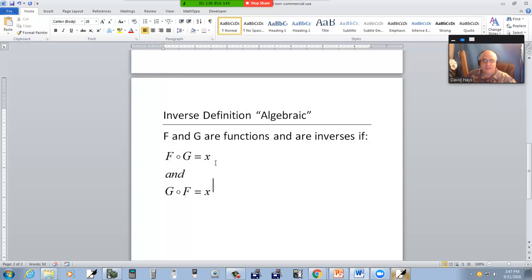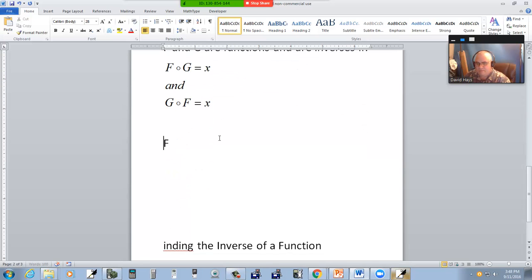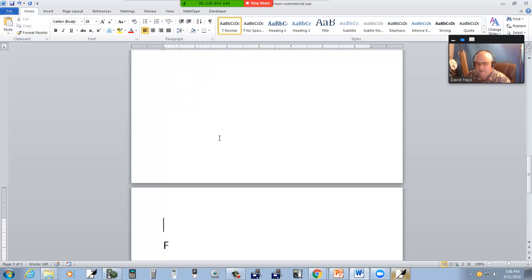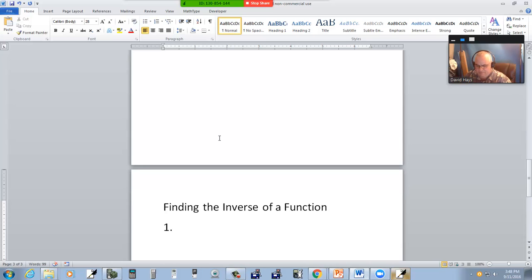And that's what this definition says. Now let's take a look at how to find the inverse. So finding the inverse of a function. Okay, step 1: replace f of x with y. Step 2: interchange x and y.